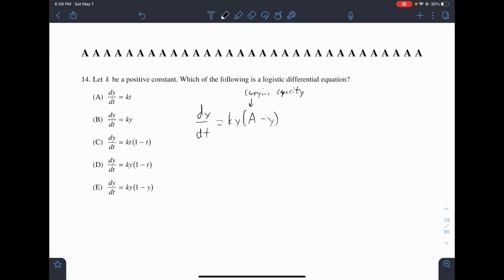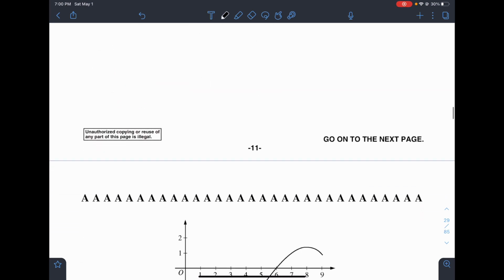And so the only one that fits this description of ky(a minus y) is E, which is ky(1 minus y). So all of these other ones either don't have the 1 minus y or don't have the ky. So E is going to be our answer there.